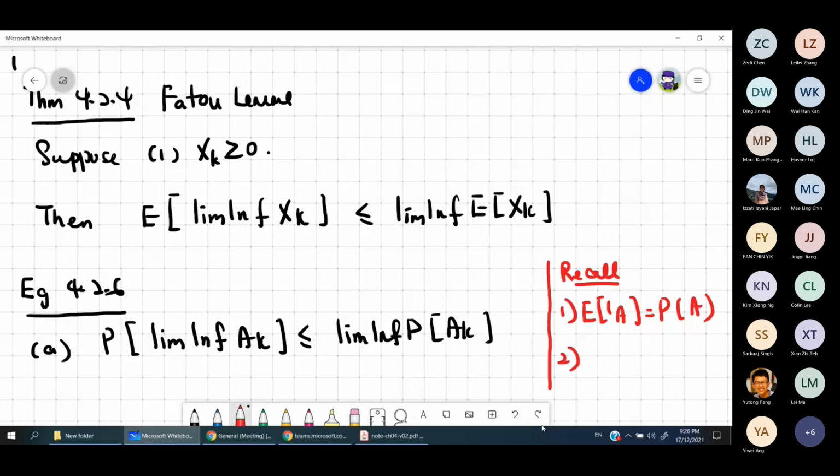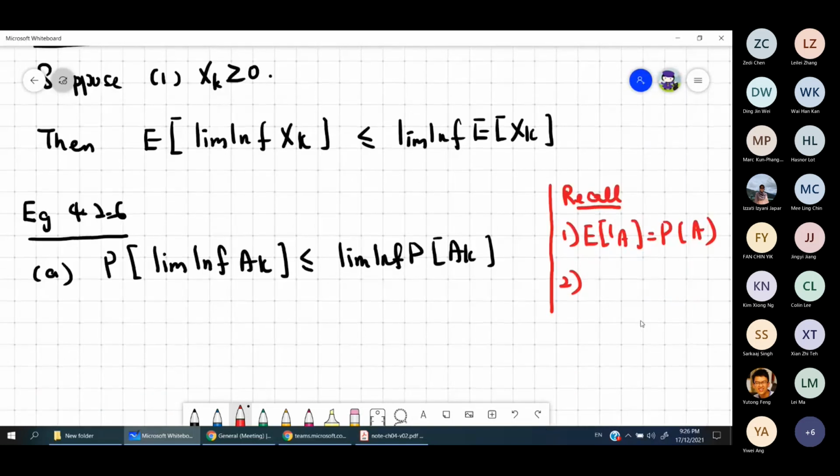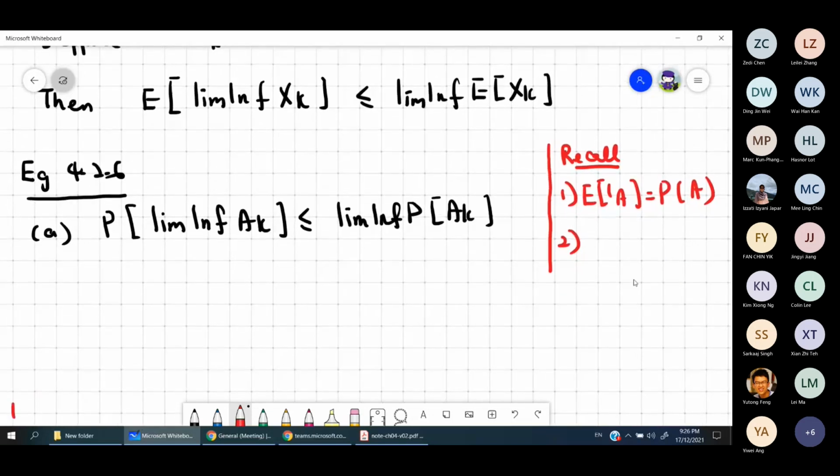Second, the indicator function of the limit inferior of Ak will be equal to the limit inferior of 1_Ak. Take note of it.